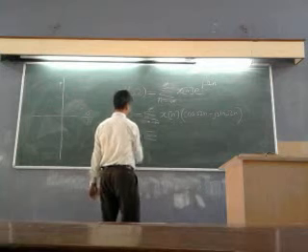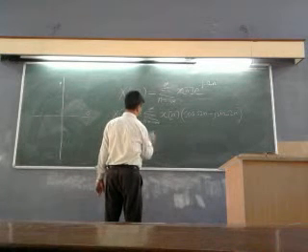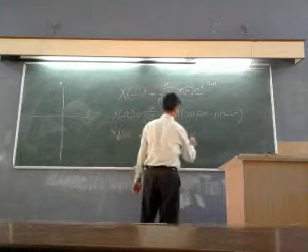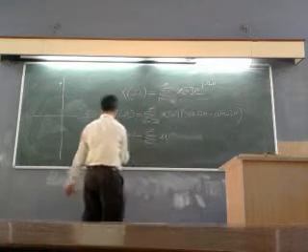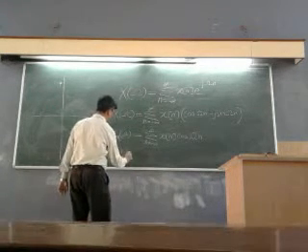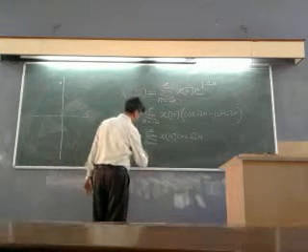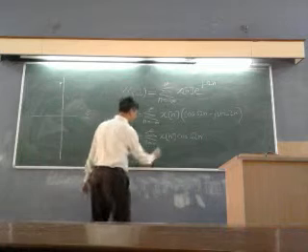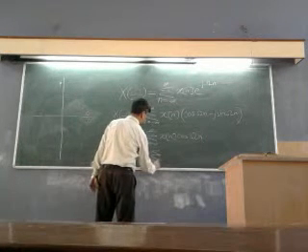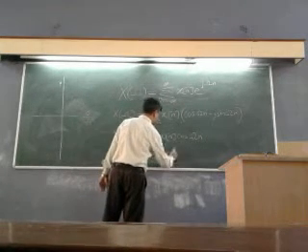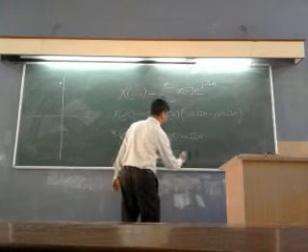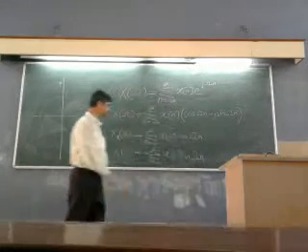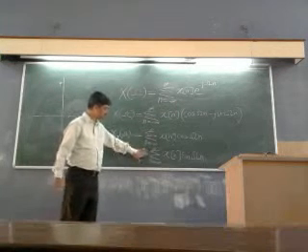So X R of omega is equal to summation n equal to minus infinity to infinity x n cos omega n, and X I of omega is equal to minus, j doesn't come there, minus into the summation n equal to minus infinity to infinity x of n sin of omega n, or there is even no need to indicate a minus also.